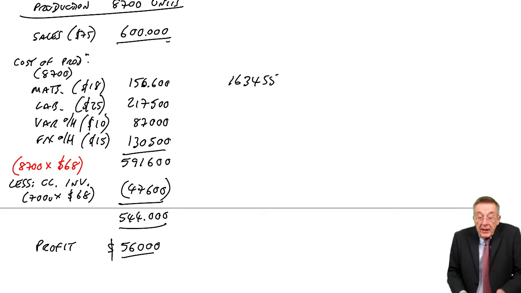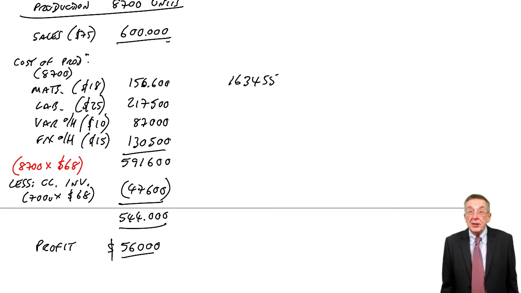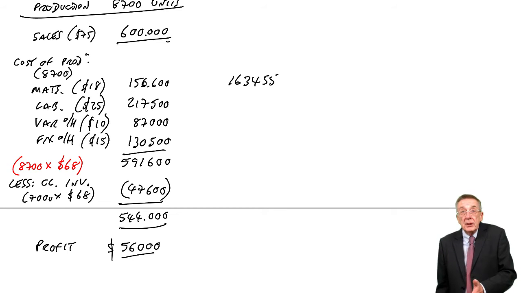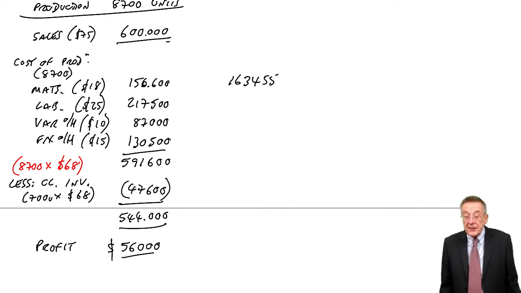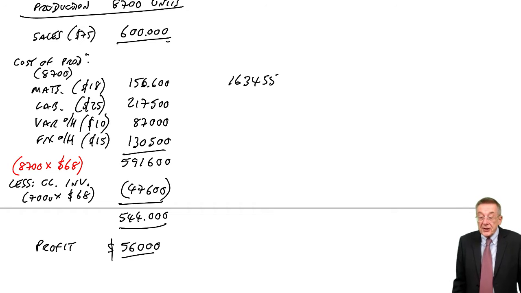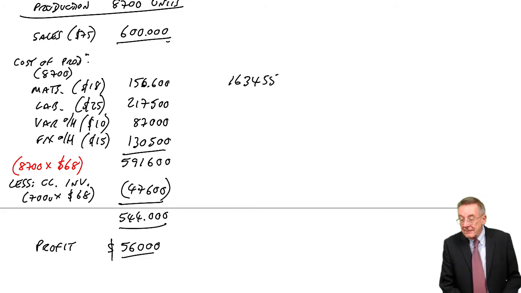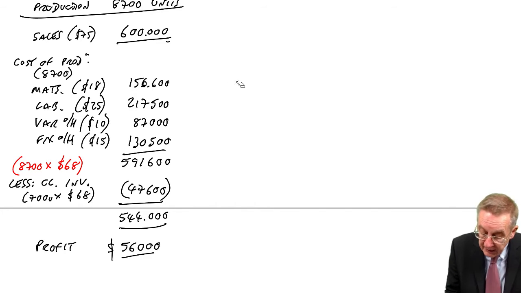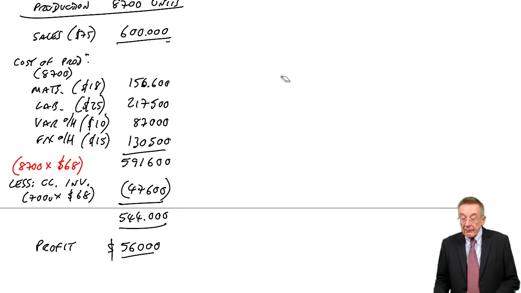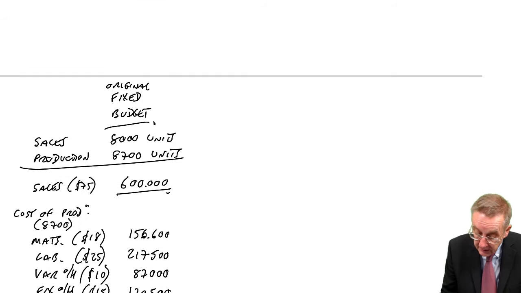But obviously, we're going to spend more than budgeted because we actually produced more. It's silly to criticise the relevant manager for spending more when we produced more, it's not their fault. And so to make the comparison sensible, we flex the budget.